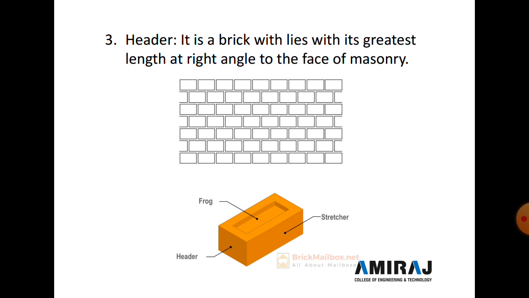The frog is provided for bonding of the masonry work. A header is the brick which lies with its greatest length at a right angle to the face of the masonry. In other words, all the header parts of the bricks arranged at the face of the wall are called headers.